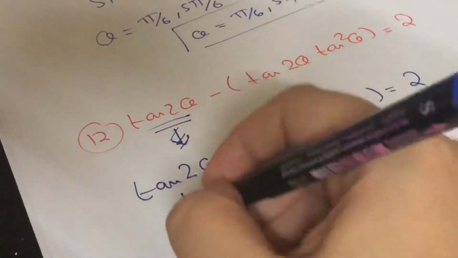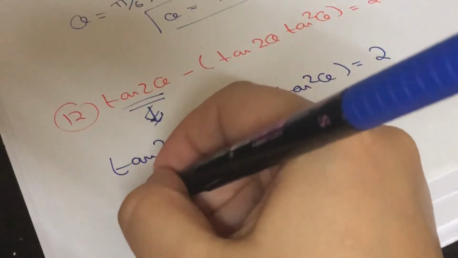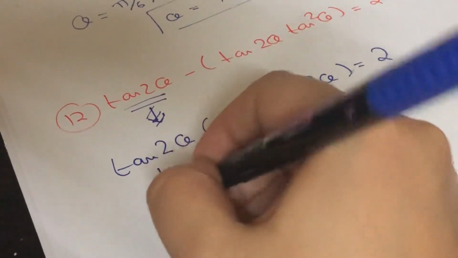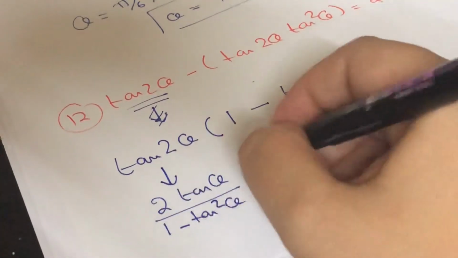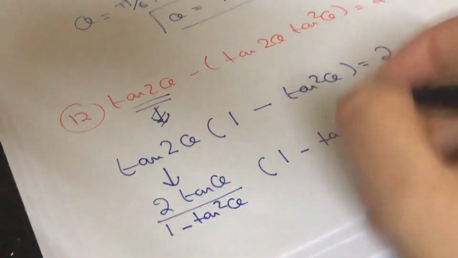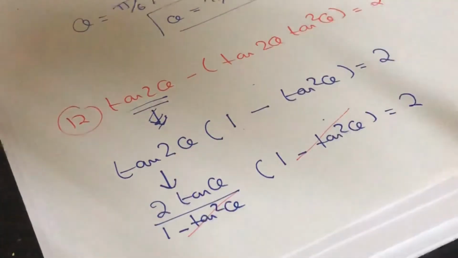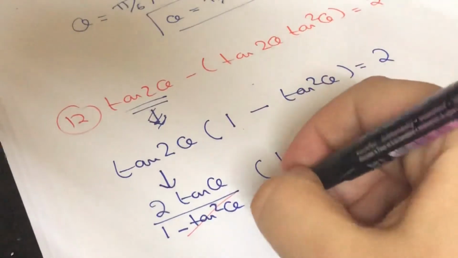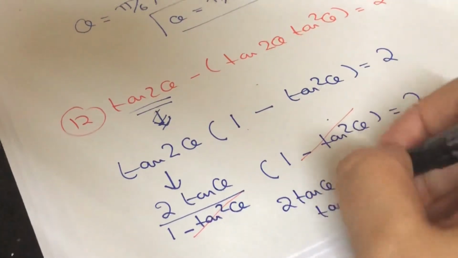If you change this to double angle identities, you will get 2 tan theta over 1 minus tan squared theta, times 1 minus tan squared theta, equals 2. Now this can cancel this, and I'll be left with 2 tan theta equals 2. So tan theta equals 1.